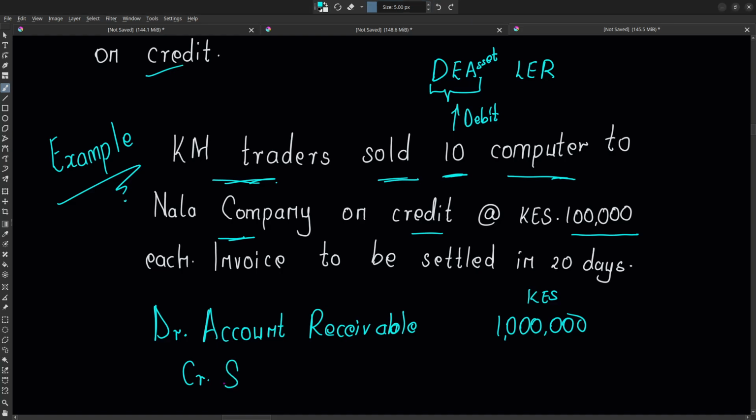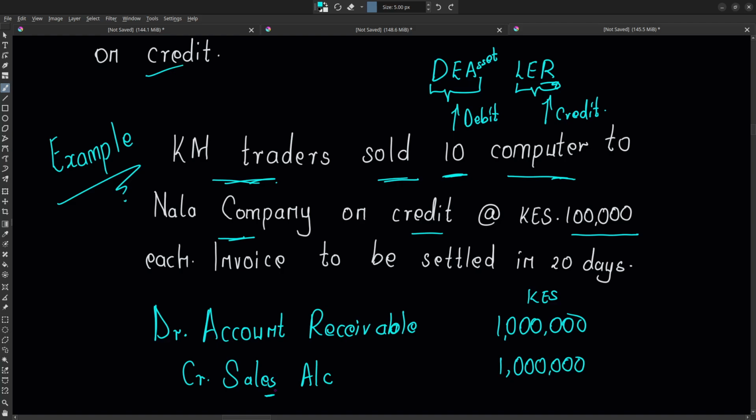You need to credit the sales account, which is a revenue account, of 1 million. A revenue account is on the right side of the equation, and when you want to recognize an increase in the revenue account, what do you do? You credit it. So what you have done here is you've recognized sales.